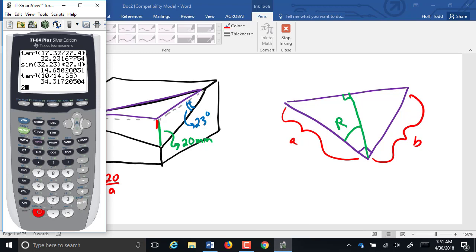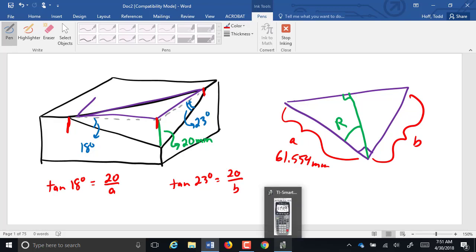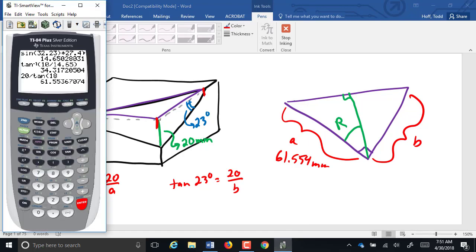So 20 divided by tangent of 18. Yes, 61.554 works for me. And for B, of course, that's from here to here on this side. That's the tangent of 23 equals 20 over b. What'd you get for that? 47.117 sounds about right.